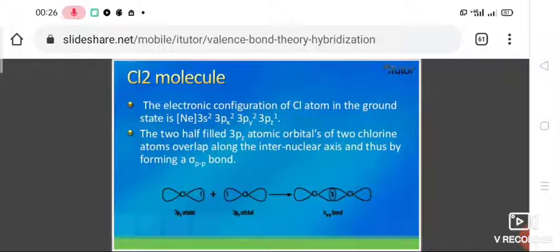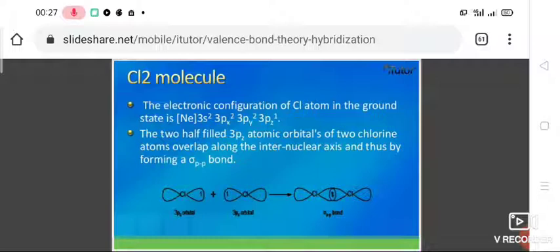Chlorine molecule. In the chlorine atom, the electronic configuration is 1s2, 2s2, 2p6, 3s2, 3p5. So the electronic configuration of the chlorine atom in the ground state is 3s2, 3px2, 3py2, 3pz1.